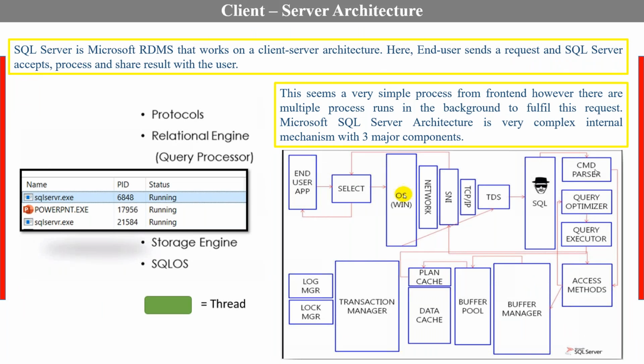Once your query enters the database engine, first it will go to the relational engine. In the relational engine we have three components: the command parser, the query optimizer, and the query executor. Sir, today I am going to explain the query optimizer for 5 minutes. In advanced performance tuning, I am going to explain it in 3 hours.